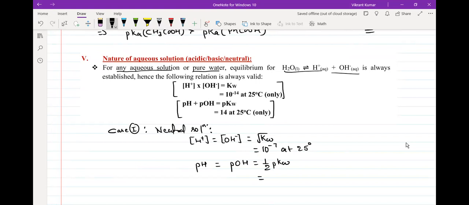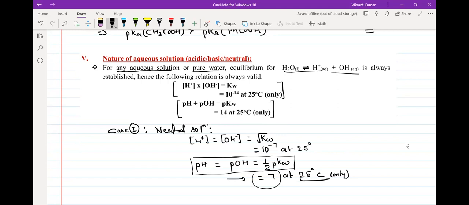And this half pKw has value 7 at 25 degrees C. Is it okay? So the relation pH = pOH = half pKw is always valid for any neutral solution. When I write this is equal to 7, that is valid only at 25 degrees C. So if they change the temperature in the question, just be careful. This 7 point will not be valid, but this will always be valid.